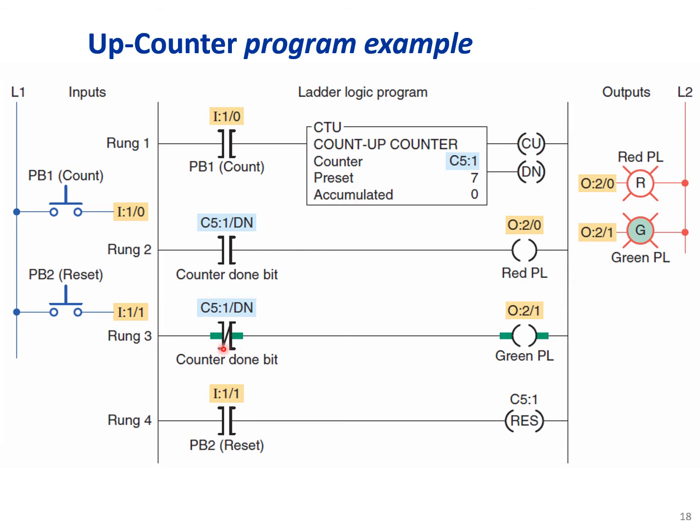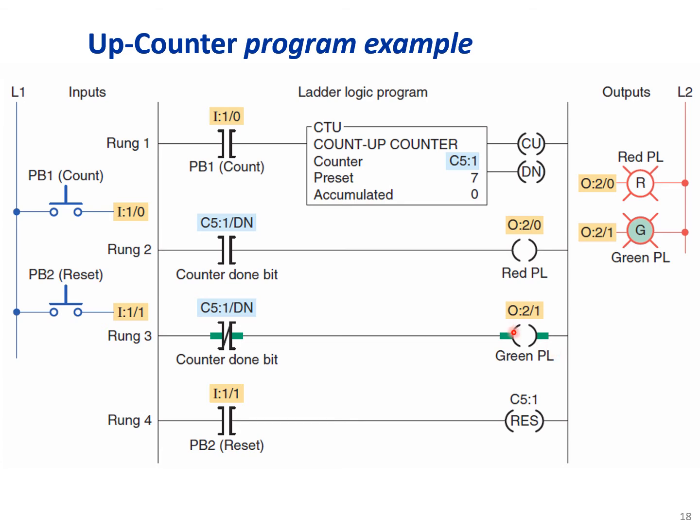Before reaching the number 7, while the done bit is still false, the green pilot light will be true. So from number 0 to number 7, the green pilot light, sorry, 0 to 6. From number 0 to 6, the green pilot light will be on.